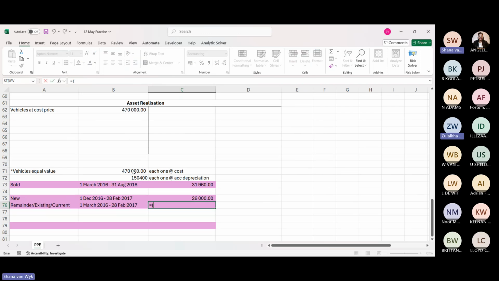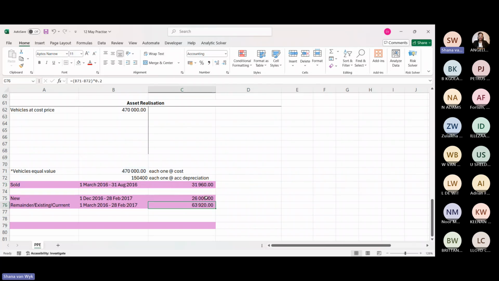So we're only going to work with the 470,000 times 20%. It's for that other vehicle, the 94,000. That's still for the whole year. Sorry, I'm doing diminishing. Sorry, straight line. Yes. Okay. Cool.